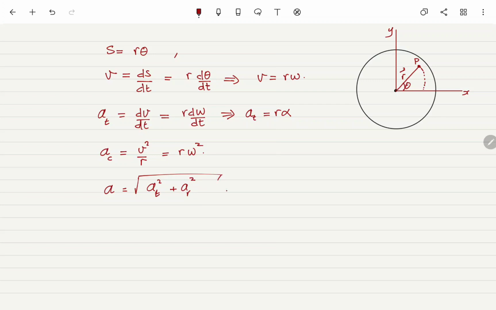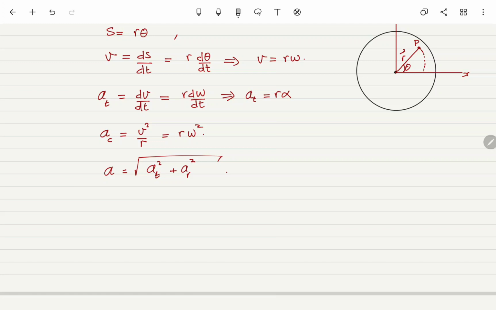Notice that it's pretty much the same procedure we have done before. Just a quick reminder here, instead of using s in translational quantities, we use theta. And rather than using v, we use omega, and instead of a, we use alpha.